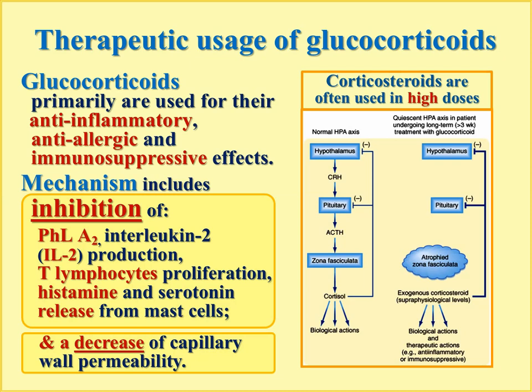And clearly, the negative feedback regulation is affected in this case. Look, first, exogenous corticosteroids of supraphysiological levels. They produce their biological action and even therapeutic action, anti-inflammatory, immunosuppressive action. But similarly to normal cortisol, they suppress pituitary secretion and hypothalamic secretion.